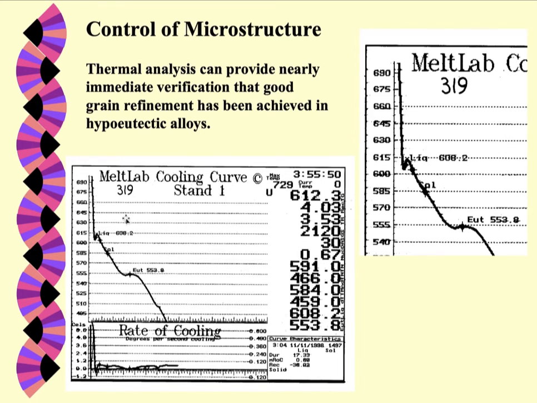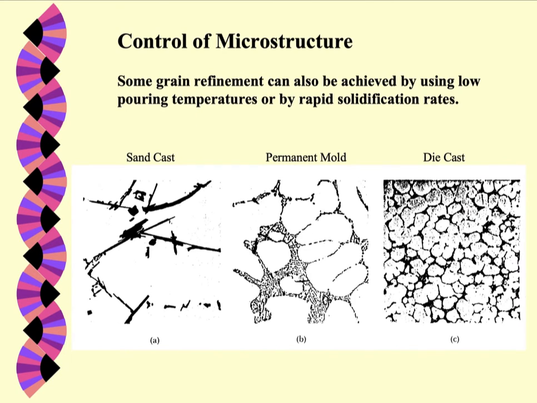This is 319, that was 356, I think. Remember that when you add like 3 or 4 other alloying elements, it's not going to follow that phase diagram exactly. Okay? So this is a quality control method, and if they see these things moving around here, it means it has an effect on what the microstructure is going to be.